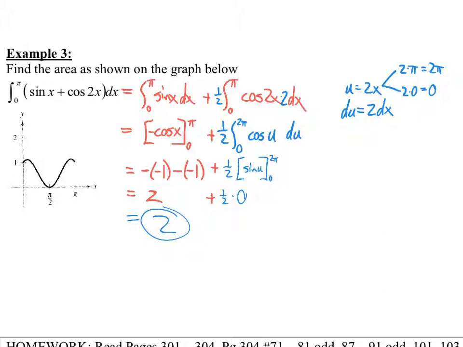By the way, don't be afraid to use what you know about a function to help you find the integrals. This is where those of you who really know your stuff can help yourselves out. If I did the graph of cosine from 0 to 2 pi, that's 1 full period, right?